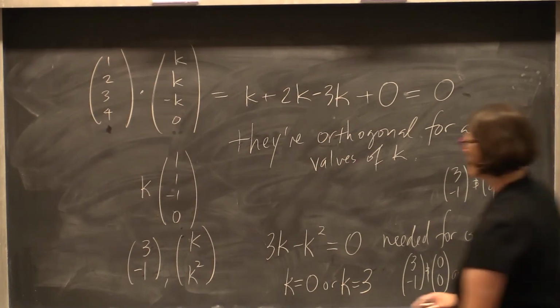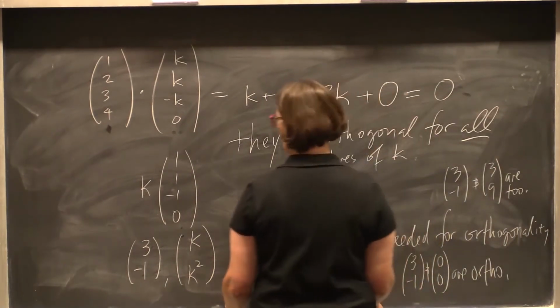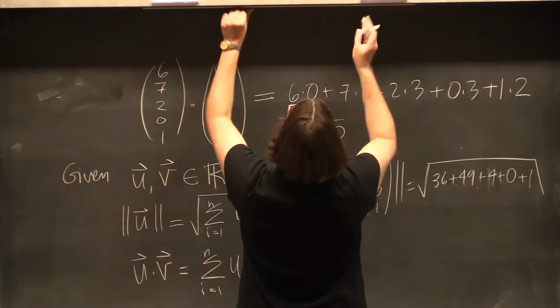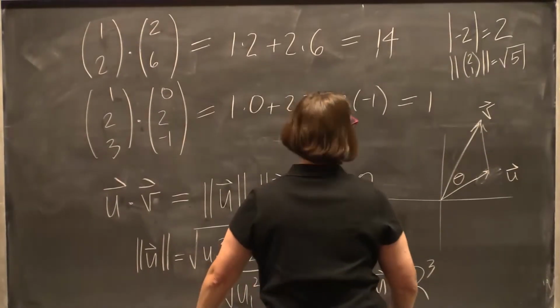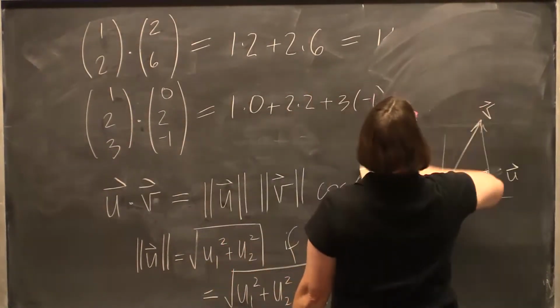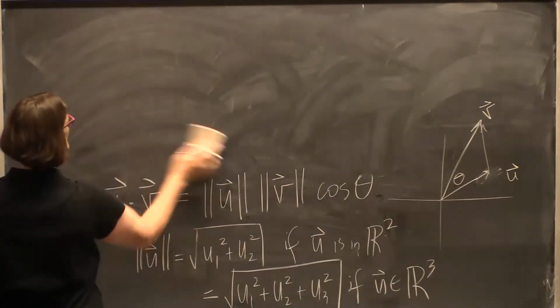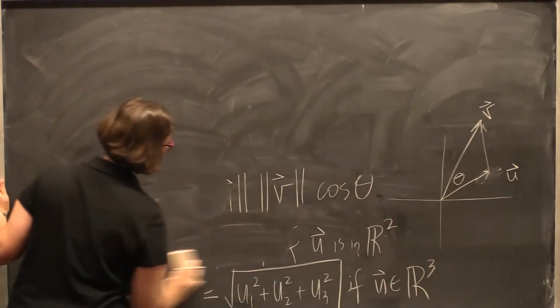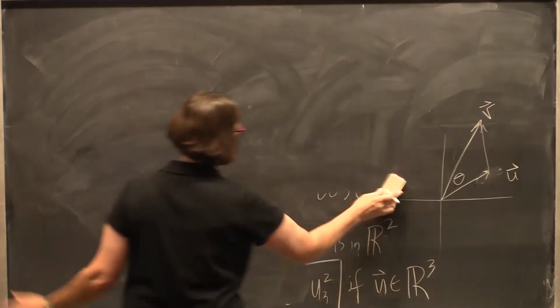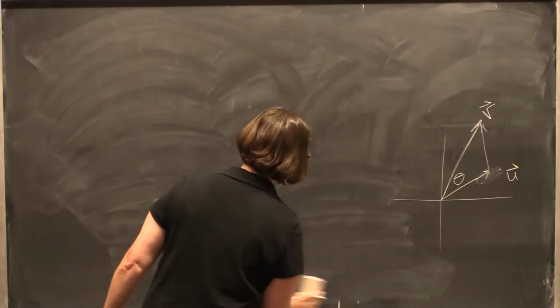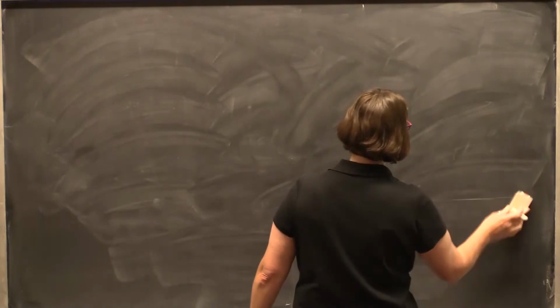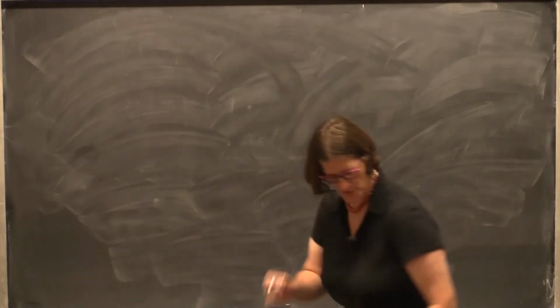Okay. So properties of the dot product. Basically, the dot product is a wonderful thing. It plays well with addition. It doesn't care what order you do things in. It plays well with scalar multiplication.